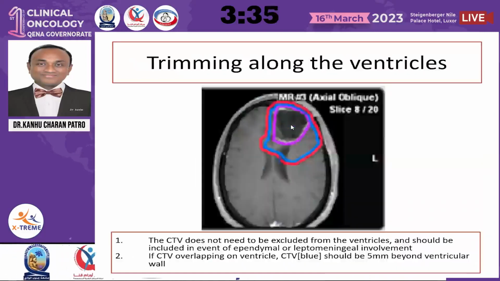If there is a ventricular area, you should include 0.5 centimeter of the ventricular area if the CTV extends there. Beyond 0.5 centimeter, no need, and you can trim. So CTV does not need to exclude the ventricle and should be included in the event of ependymal or leptomeningeal involvement. If CTV is overlapping the ventricle, 5 mm beyond the ventricular wall should be taken.